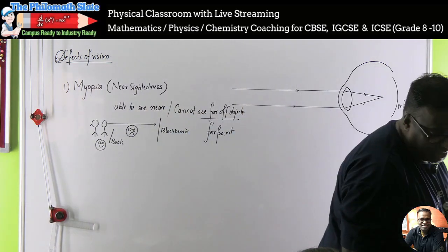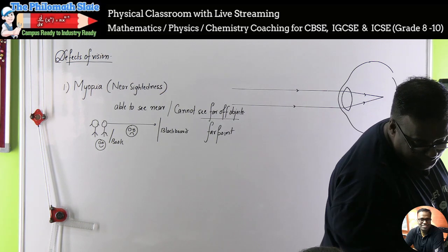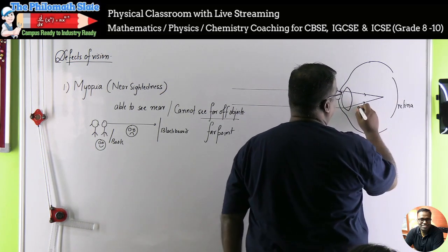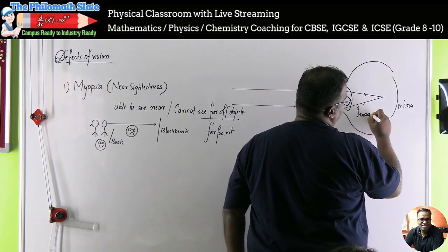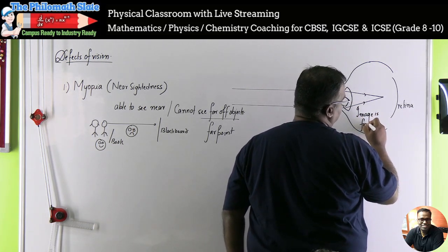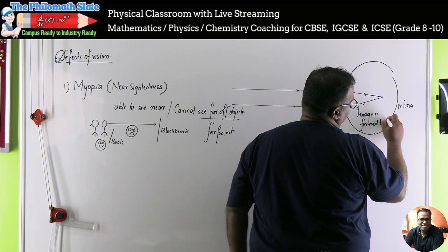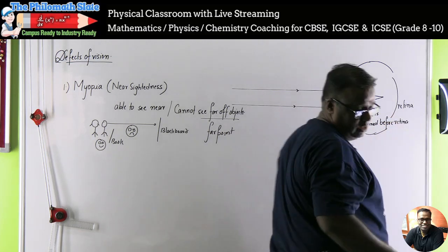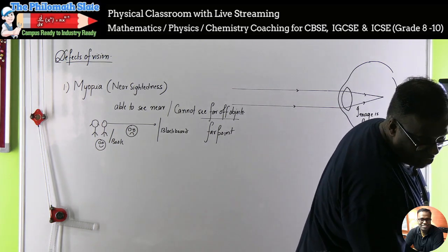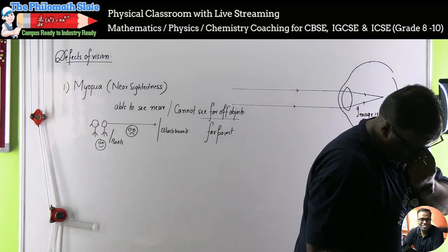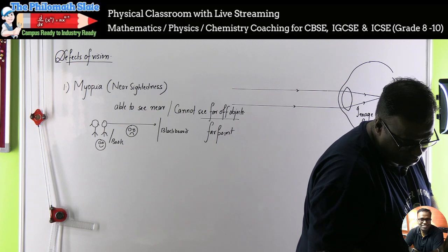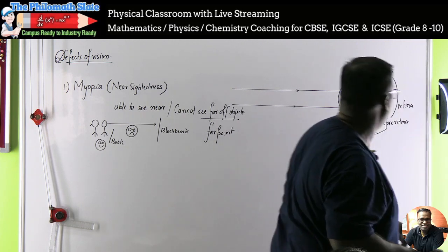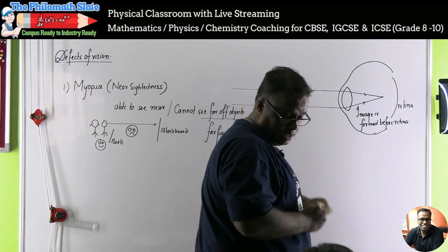So in myopia, parallel rays, I'm just seeing whether we have left anything. Okay, image is formed before retina. So in this case, we find the image is formed before retina. Shall I take another color?